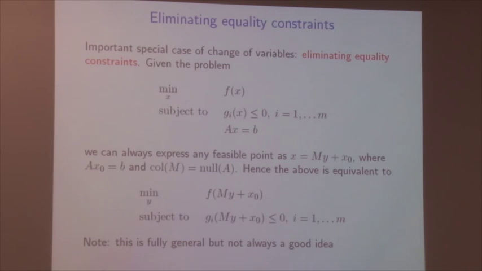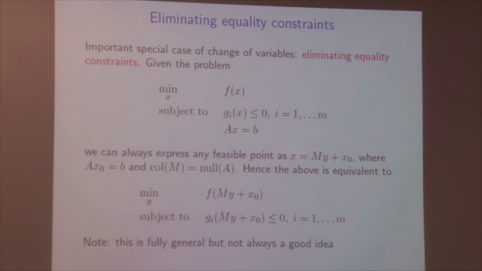Every feasible point x is going to satisfy Ax equal to b. So if I let x equal My plus x naught, where x naught is another point from the feasible set, I know that A(My plus x naught) equals b.